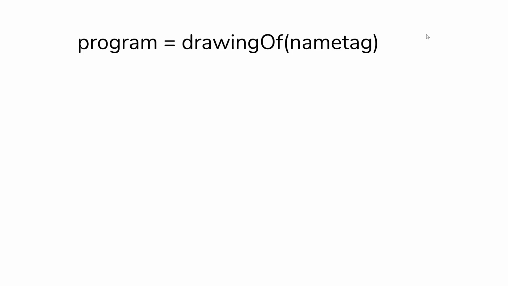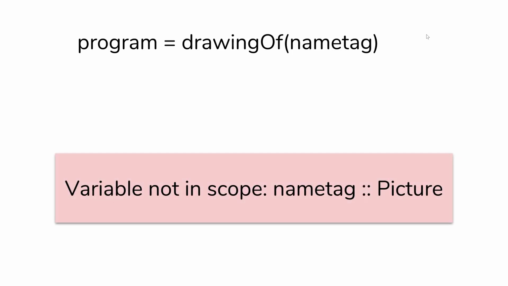But if you try to run this program, you'll run into difficulties. You get this error message, variable not in scope, name tag picture. Remember, an error message is the computer telling you, I don't know what you mean. In this case, we've asked for a drawing of a name tag, but the computer doesn't know what a name tag is.